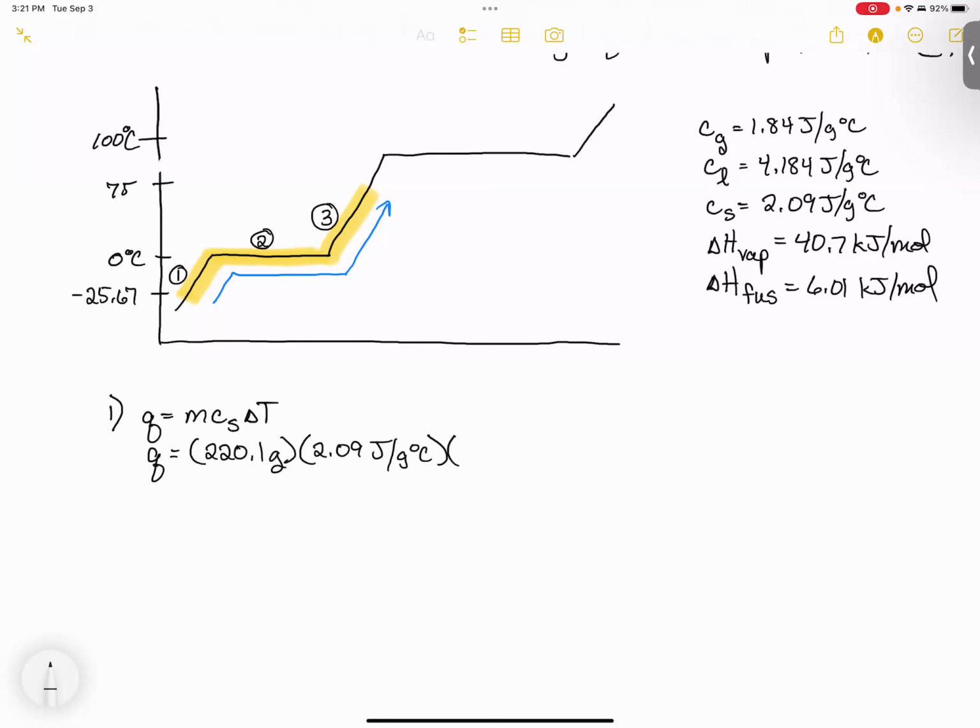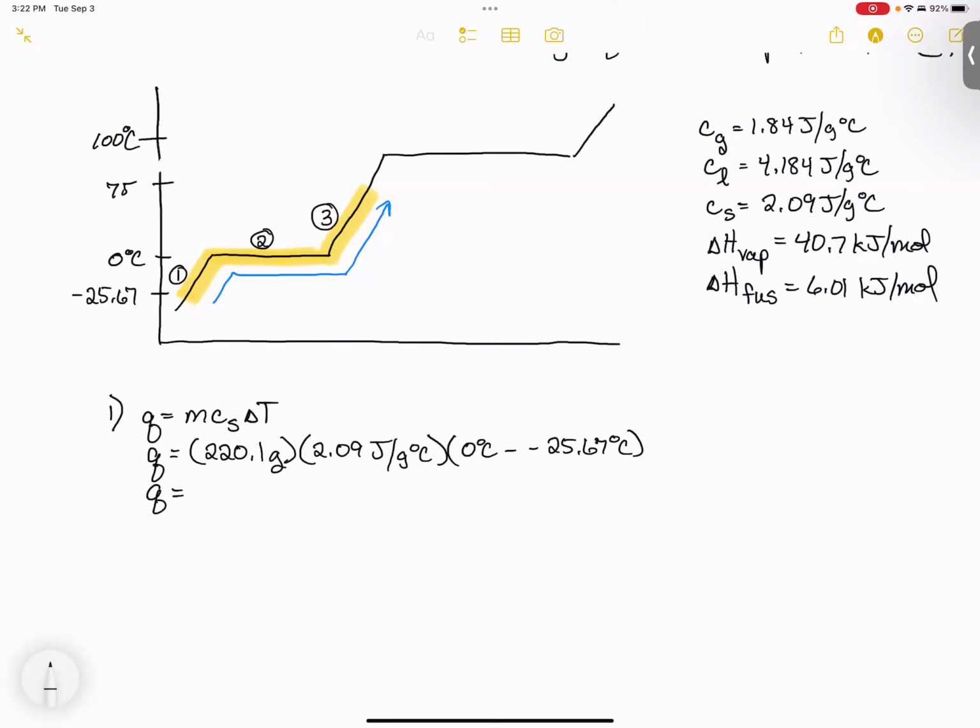And for this segment only, what is the final temperature? 0. So it would be 0 degrees Celsius minus a negative 25.67 degrees Celsius.